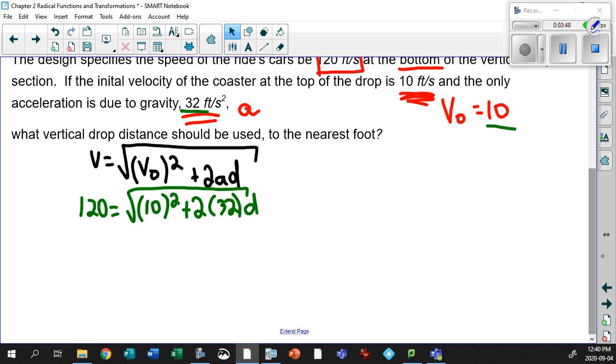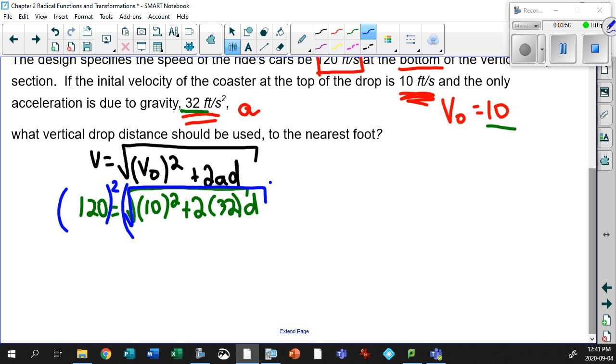First thing I would do is, since this whole thing is under the radical sign, I'd square both sides. Now 120 squared: 12 squared is 144, and you got 2 extra zeros, so I bet that's what that equals. You can go check it on your calculator, but I'm pretty sure that's right.